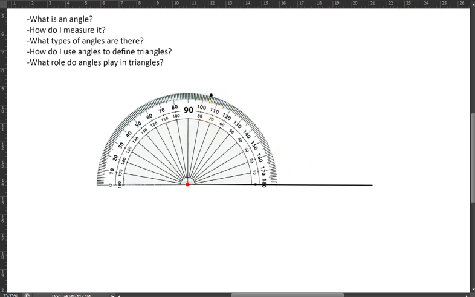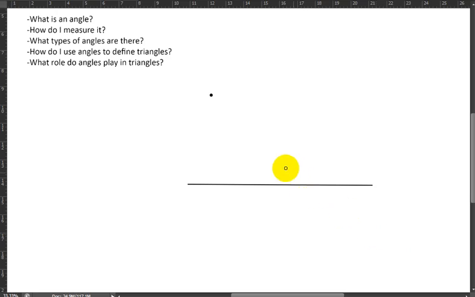Then you're going to move your protractor away. What you need to do now is unite this line with the beginning of this line. Now careful, you need to do it with the beginning. If you do it here, for example, that's not the same angle as this, for example.